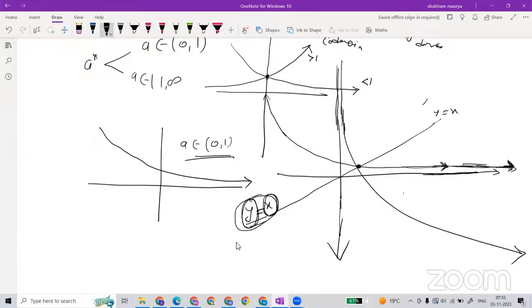Now let's talk about the symmetry with respect to y. It says that for this function, as x is increasing, it is going to 0. As x is increasing, this function goes to 0.